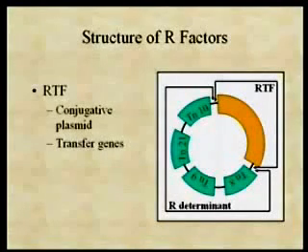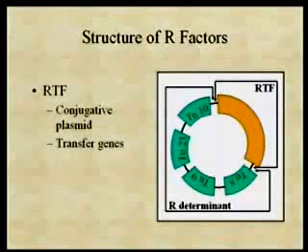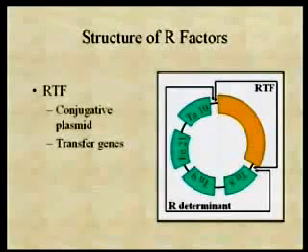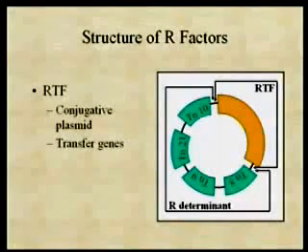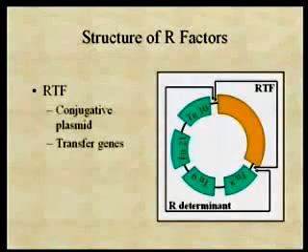This is the part of the plasmid that contains all the genes necessary for conjugation. So this would code for that F pilus, for example, and anything else needed for conjugation to occur. The other part of the molecule is referred to as the R determinant, and this is where the antibiotic resistance genes are located.